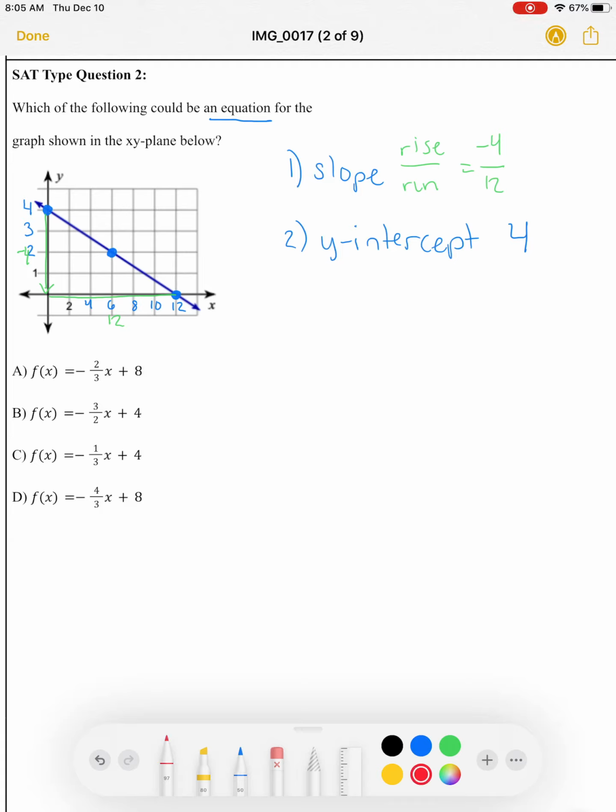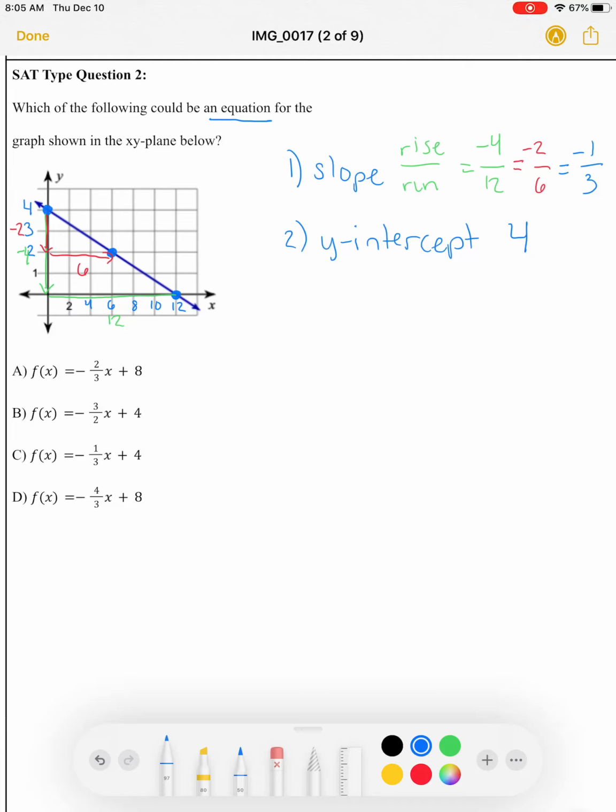I could have also gone down 2 and over 6, and if I simplify both of those, I find the slope of negative 1/3. All three of those fractions are equivalent, but the negative 1/3 is the simplified form of negative 4/12 and negative 2/6.